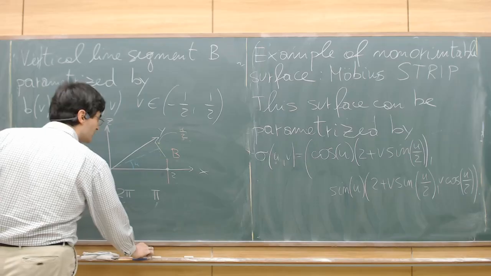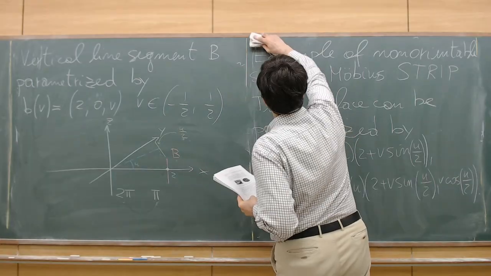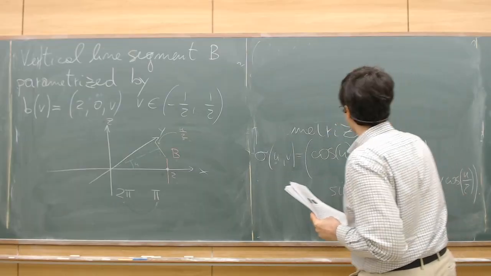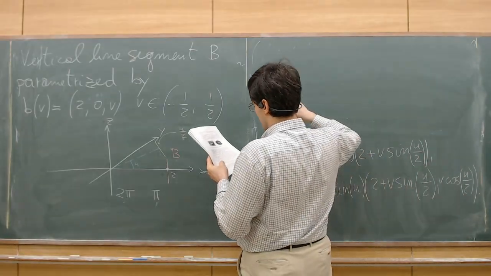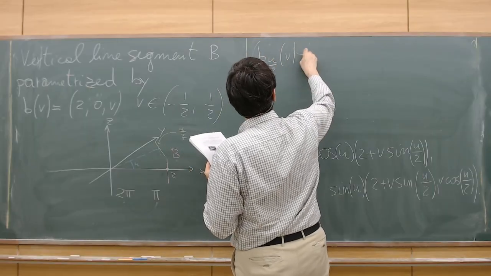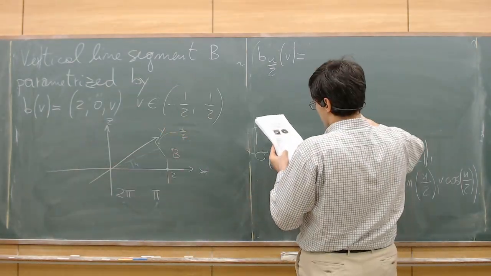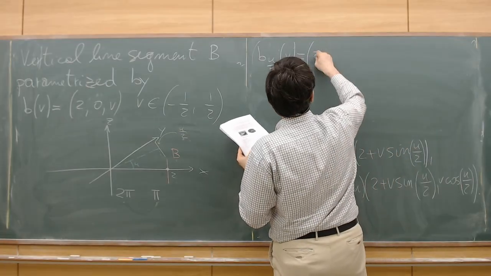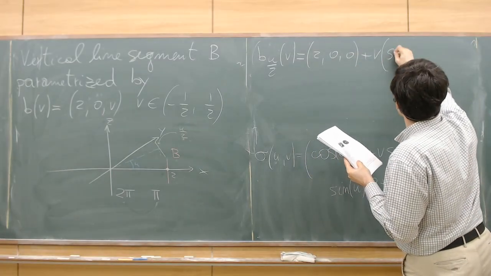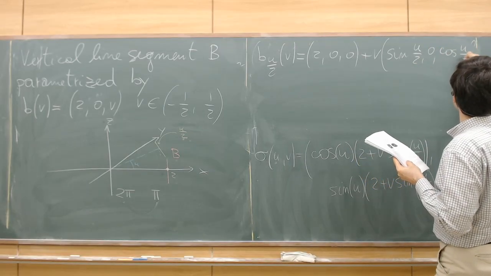Now it's possible to parameterize this rotation by u over 2, and this is given by B(u over 2, v), which is a sort of generalization of this one, by (2, 0, 0) plus v times (sine u over 2, 0, cosine of u over 2).